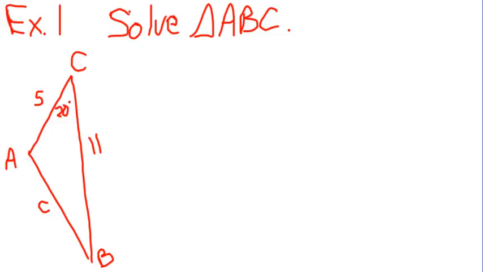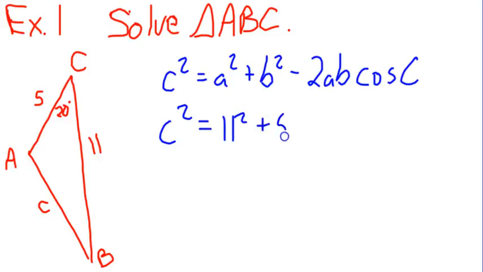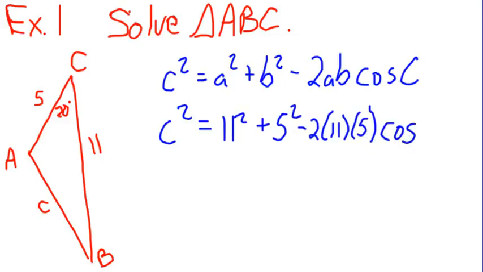So if we're looking for that c value, we have c squared equal to a squared plus b squared minus 2ab cosine of C. So now we can plug in everything we know. c squared is equal to, our a value is 11, plus our b value is 5, so we're going to square each of those, minus 2 times 11 times 5 times the cosine of C, which is 20 degrees.